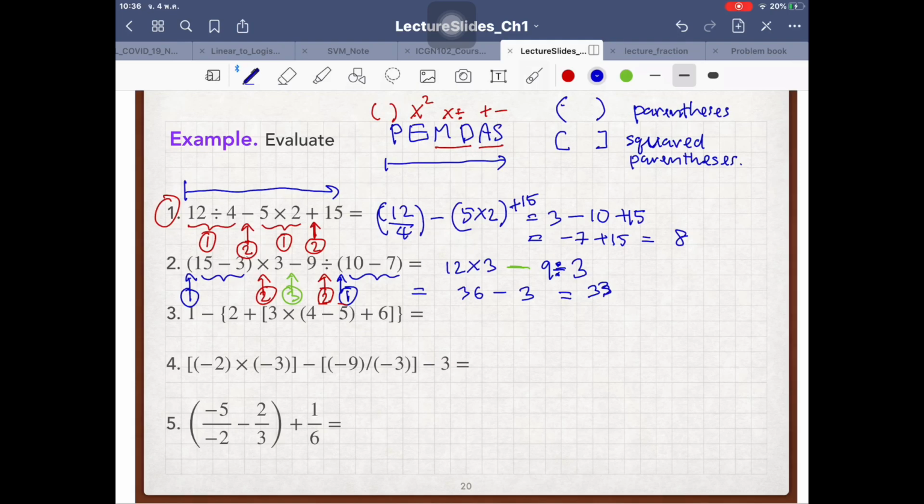Okay, the next type here is the square brackets. The next type could be this one. Here you get the curly braces.